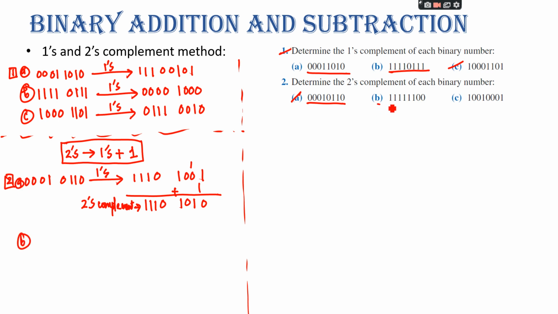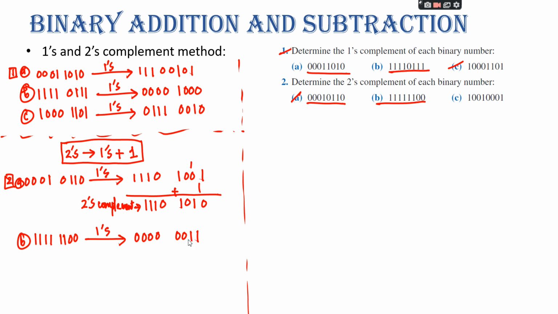Similarly, for the second number, if you want to have the twos complement of this number, first we need to write down the number, and then we have to get the ones complement of this number. So we will get 0 0 0 0, and then 0 0 1 1.